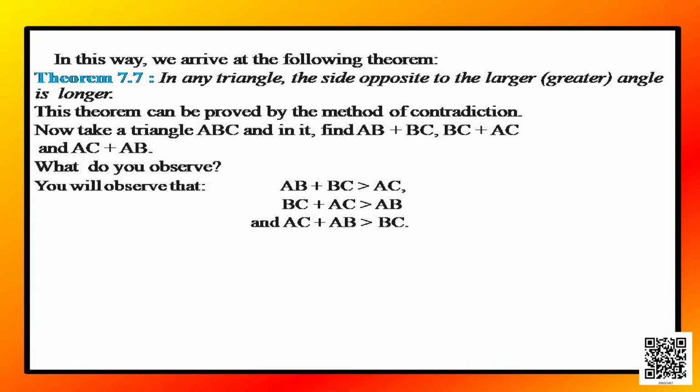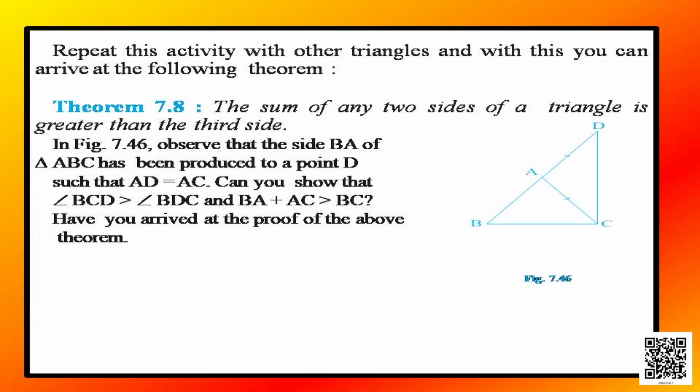You can repeat this activity with other triangles and arrive at theorem 7.8. The sum of any two sides of a triangle is greater than the third side. I repeat, the sum of any two sides of a triangle is greater than the third side.